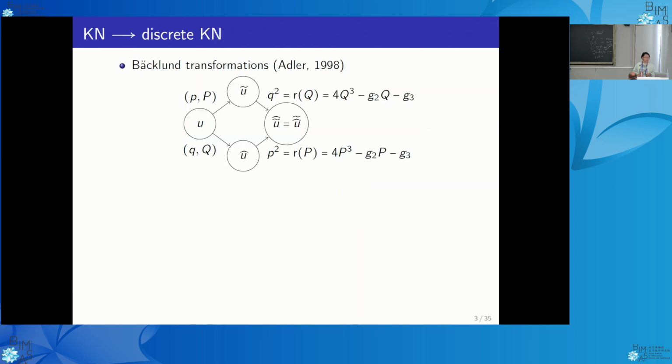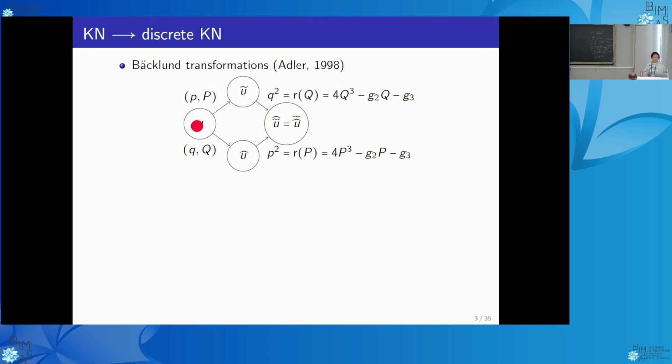In addition, Adler gave its Backlund transformation, which means that from this transformation, one can get from one solution of the KN equation another solution of the same equation. Let me explain this by this picture.